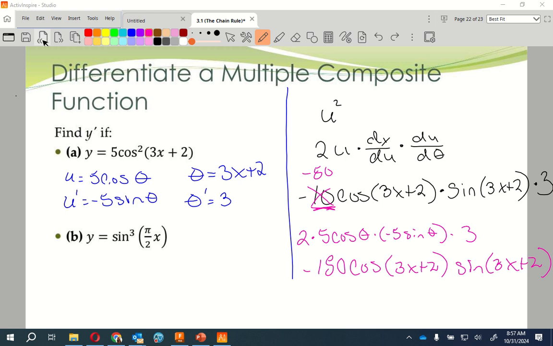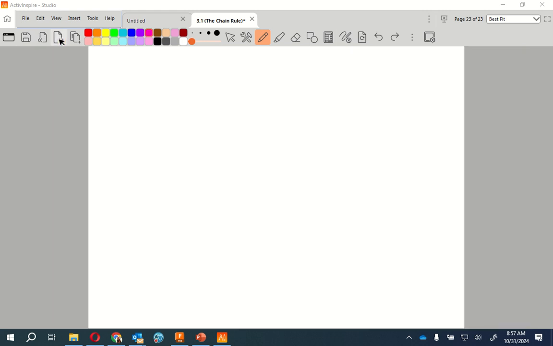So, sine cubed pi over 2x. Okay. Derivative of the inside is pi over 2, right?